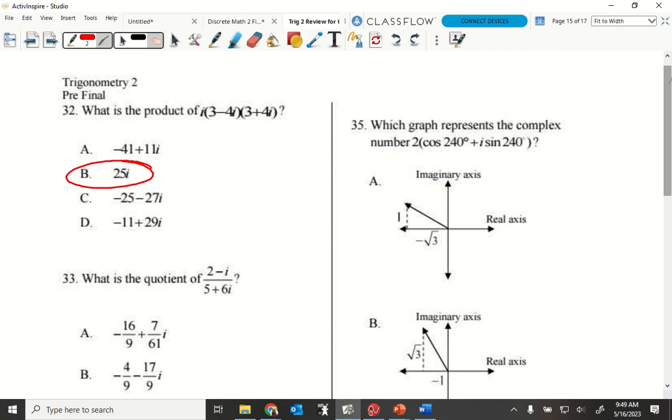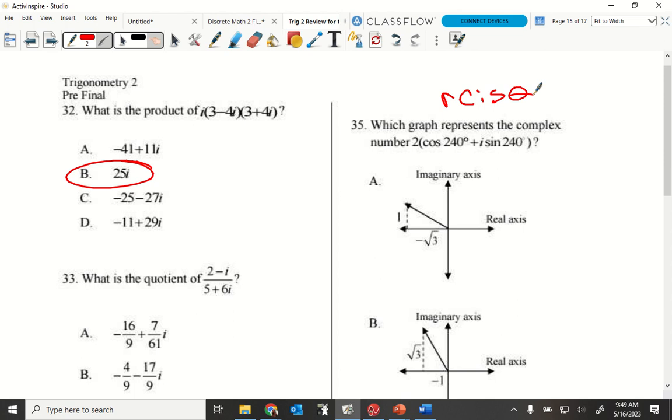Which graph represents this? Okay, so we could cheat on this, kind of. So, this r cis theta. So, 240 degrees. Where's 240 degrees? What quadrant's that? 3.